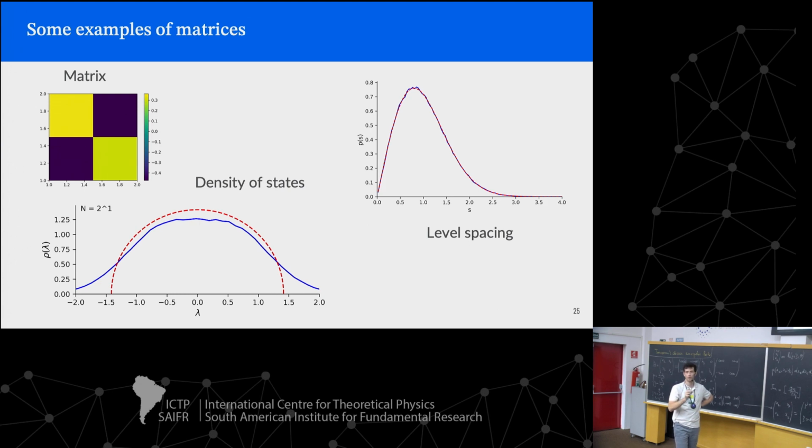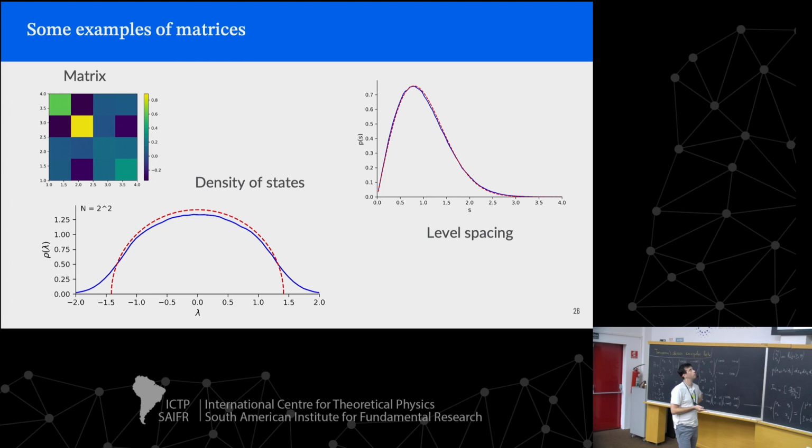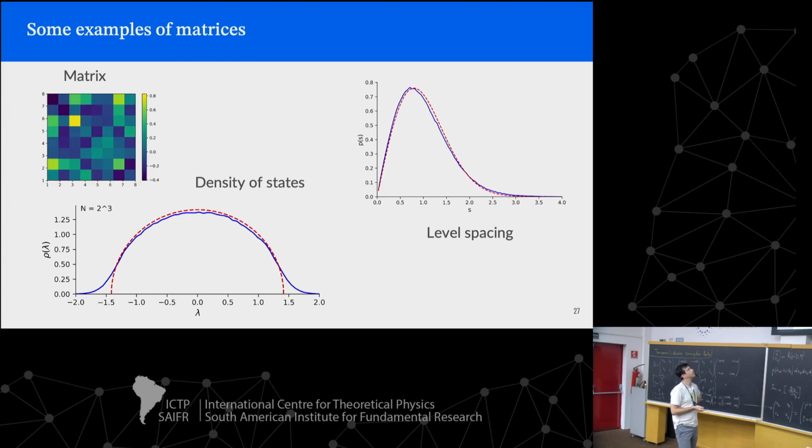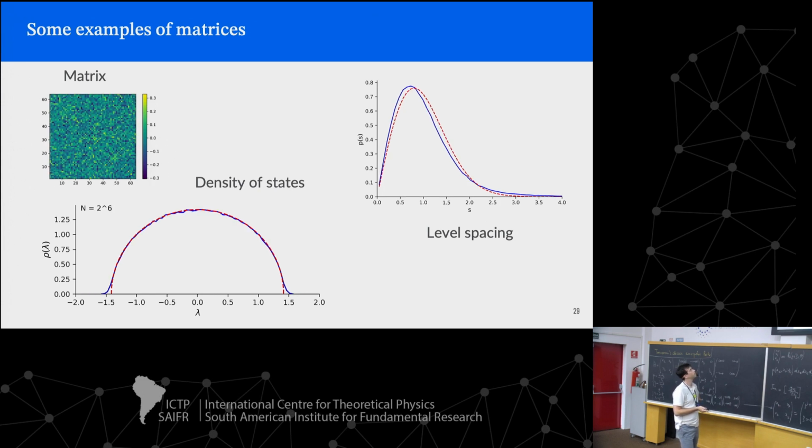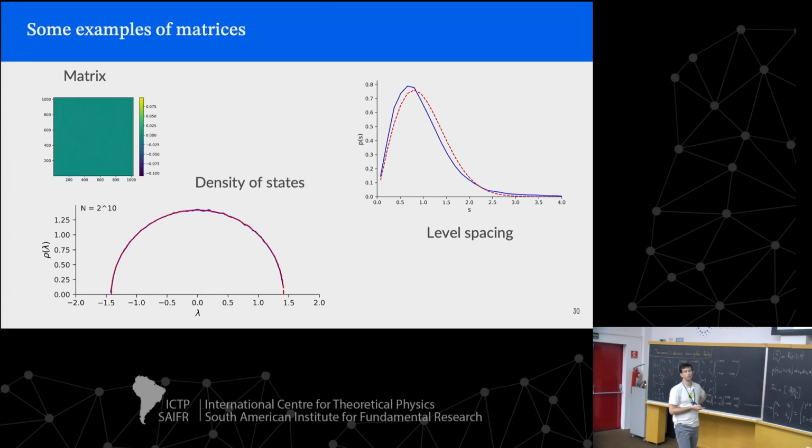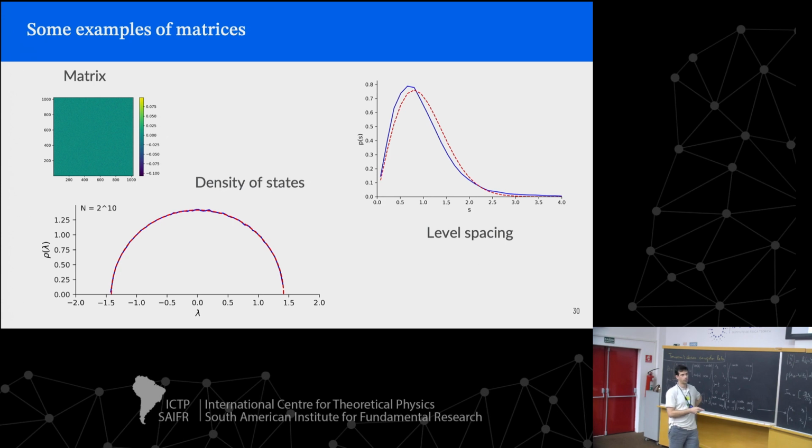It's the fluctuation of the largest eigenvalue, which becomes smaller and smaller as you go to large n. So this is a 2x2 matrix. This is 4x4. This is 8x8. And this is 16x16. And this is 64x64. And this is 1000x1000. So here, at that point, you completely recover the semicircle.